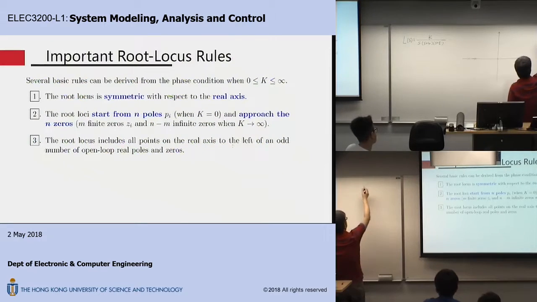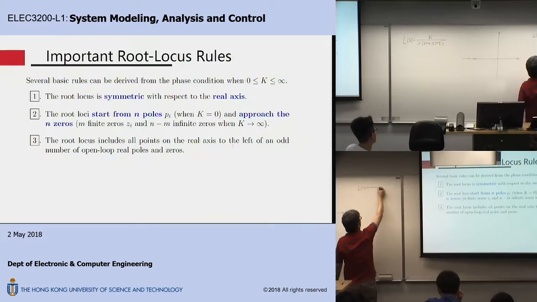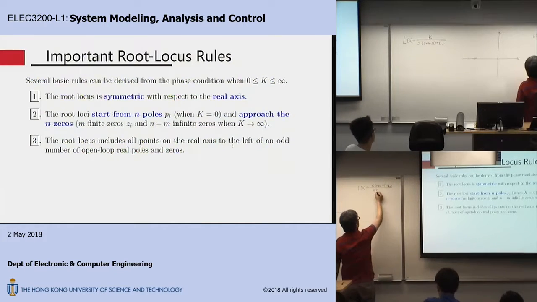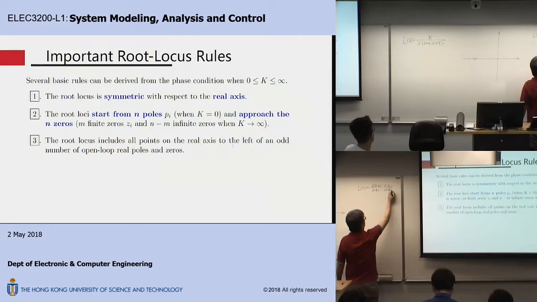So the root locus, suppose that in general we have L in this form: K times (S minus Z1) through (S minus Zm), over (S minus P1) through (S minus Pn).